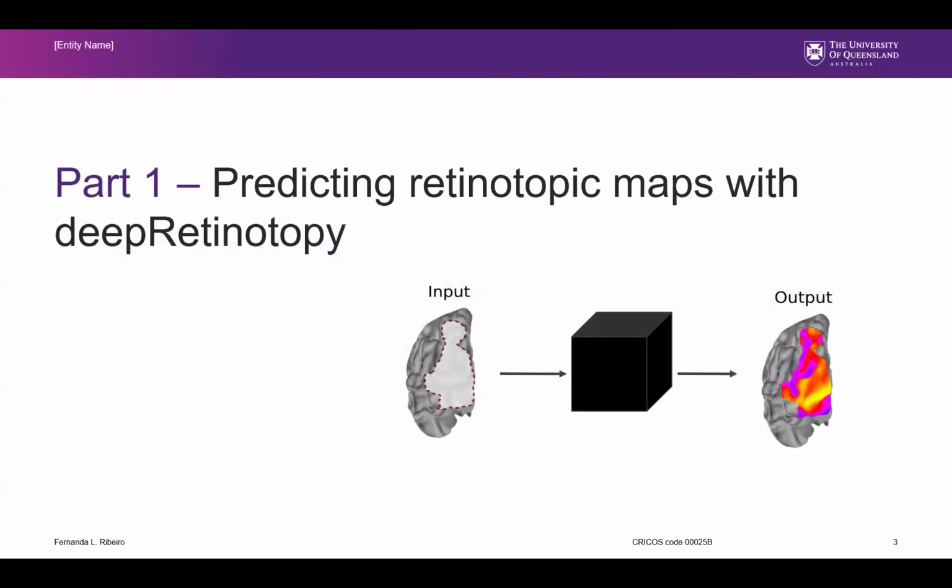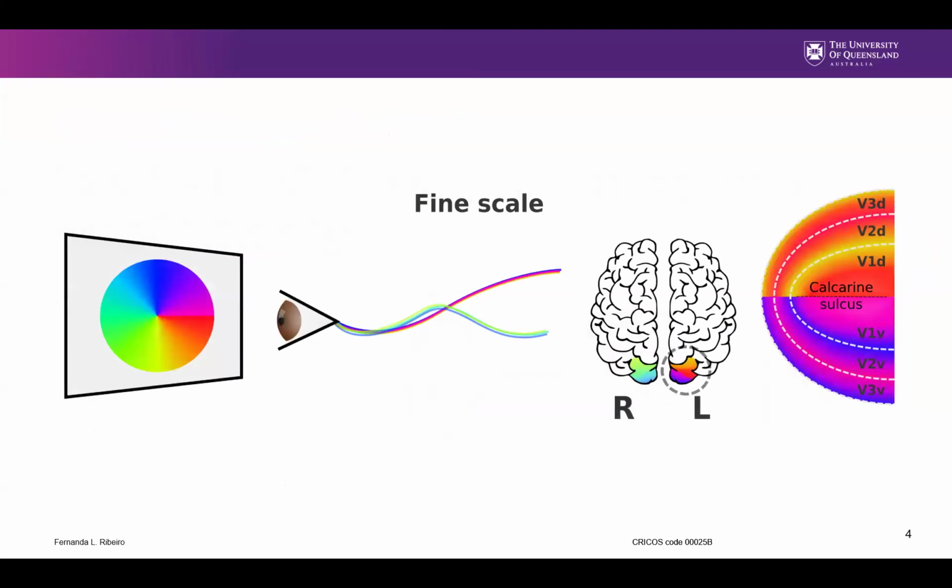So in the first part of this session, I will demonstrate how you can use this tool and DeepRetinotopy to generate retinotopic maps. Well, I think now you all are aware that our visual cortex is retinotopically organized. That means that adjacent points in the visual field here are mapped by adjacent points in the visual cortex.